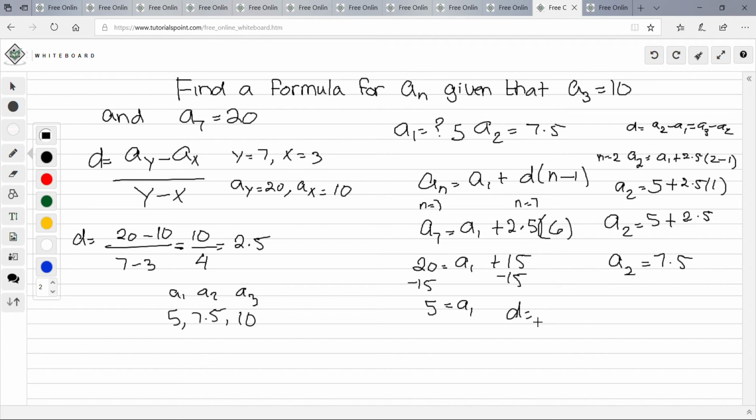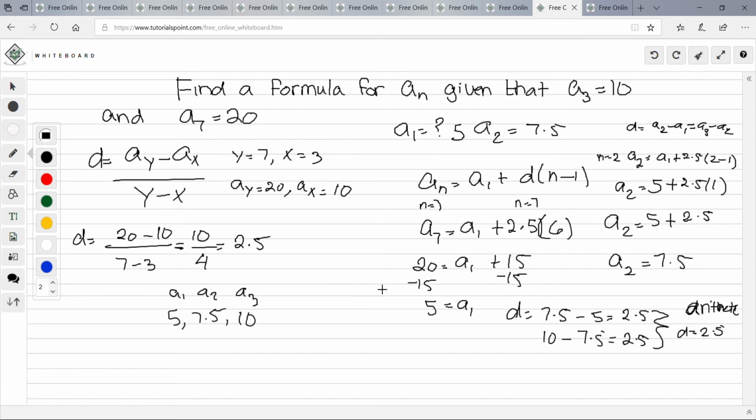A2 minus A1 is 7.5 minus 5, which is 2.5, and A3 minus A2 is 10 minus 7.5, which is still 2.5. They're the same, so we know it's arithmetic with a difference of 2.5. So now we can put it in the formula.